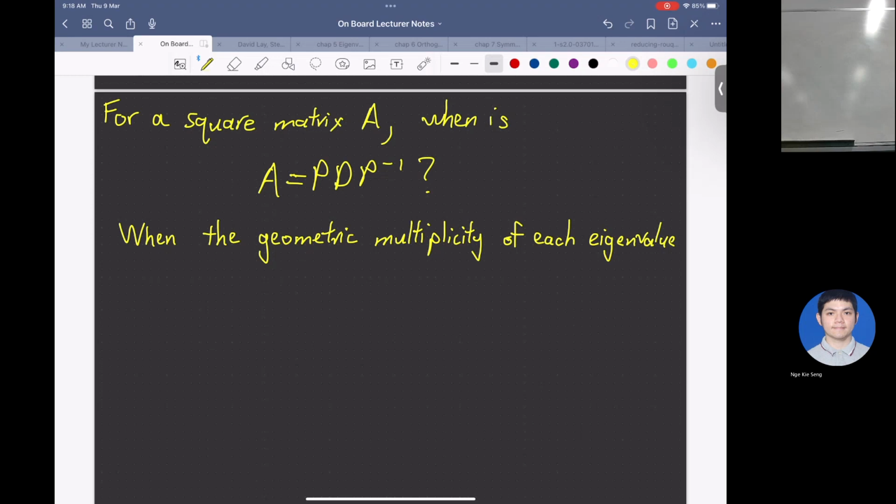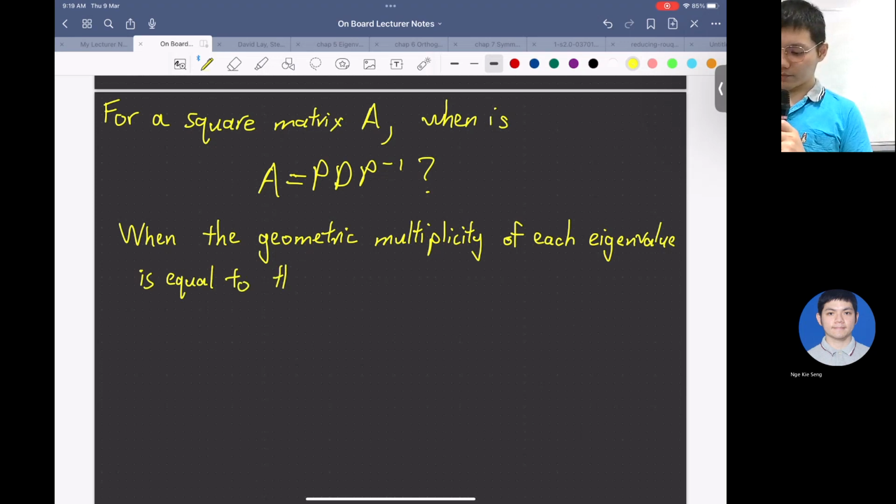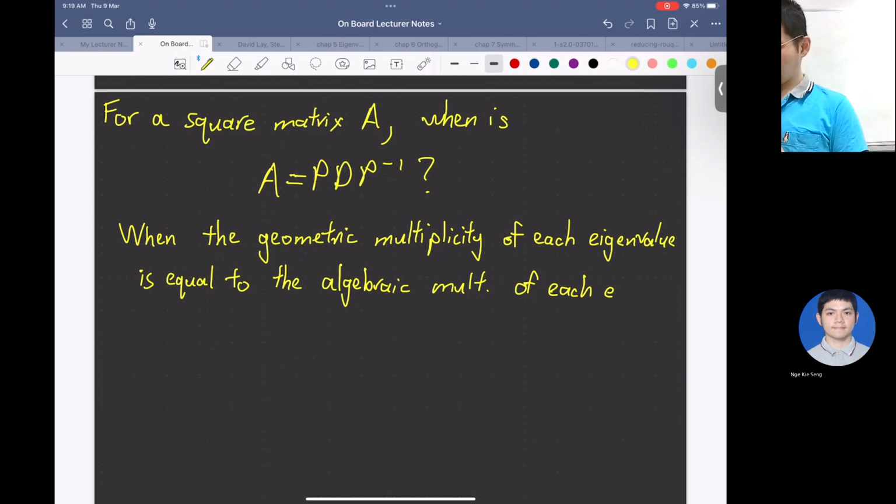Usually when we talk about geometric multiplicity and algebraic multiplicity, we refer to a specific eigenvalue, not everything. So when the geometric multiplicity of each eigenvalue is equal to the algebraic multiplicity of each eigenvalue, meaning you can find enough eigenvectors to form the P matrix.